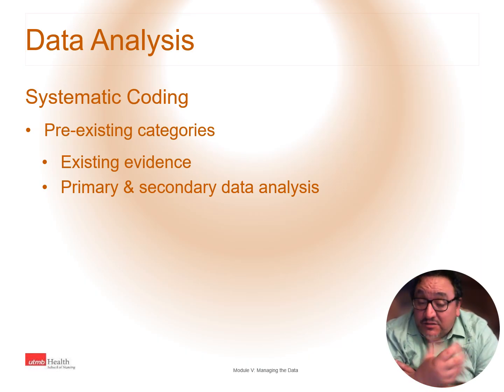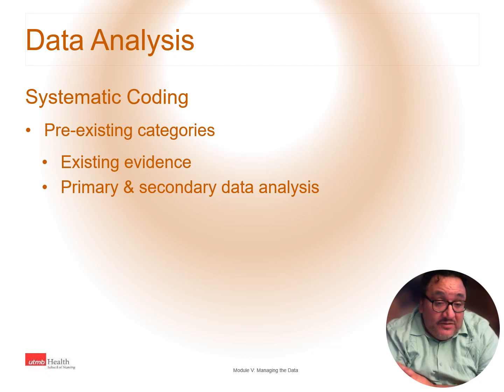So when it comes to that, there is this particular type of systematic coding where you use pre-existing categories, and this is why I put that in there. They can come from existing evidence out in the literature, or in the science.